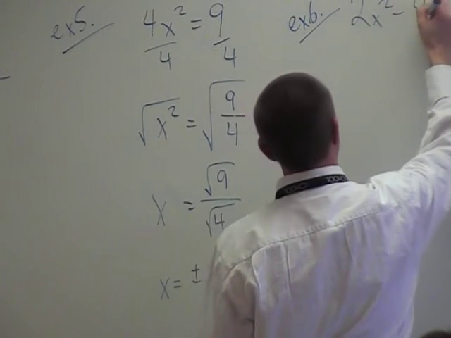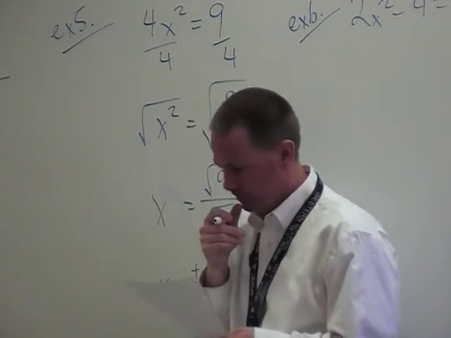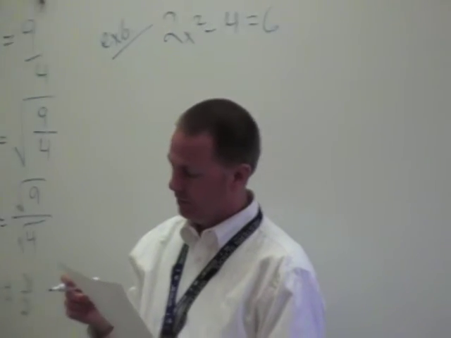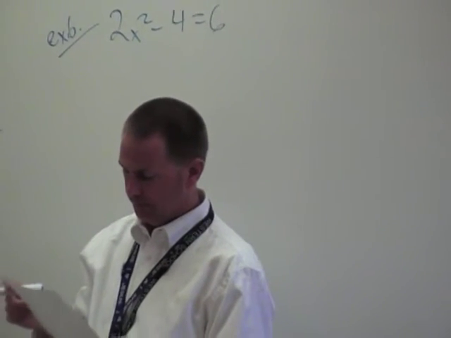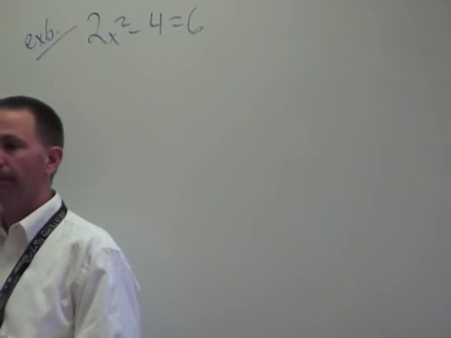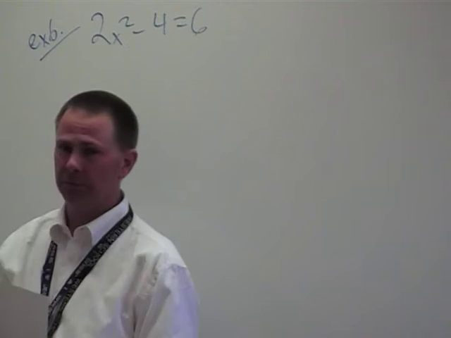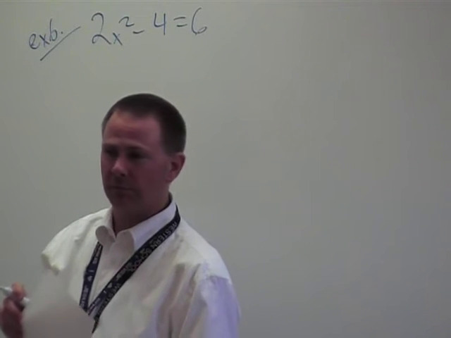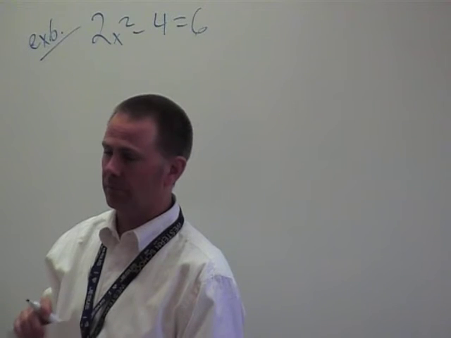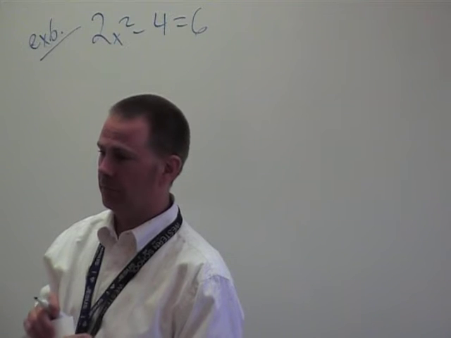2x squared minus 4 equals 6. But I have the answer. Well, I don't have the answer for x, but I got it as simple as you can get without an unreal number.